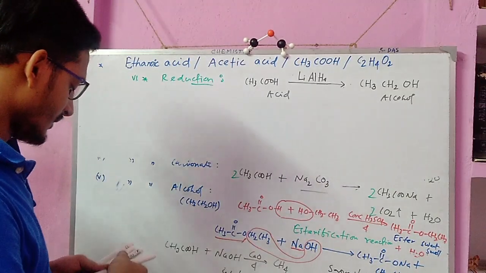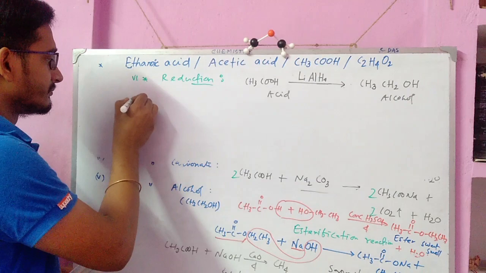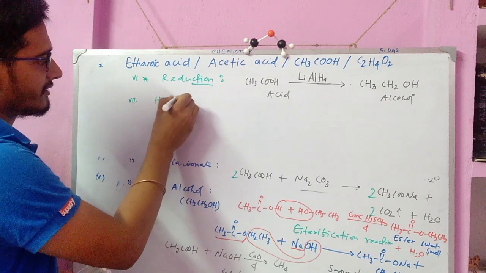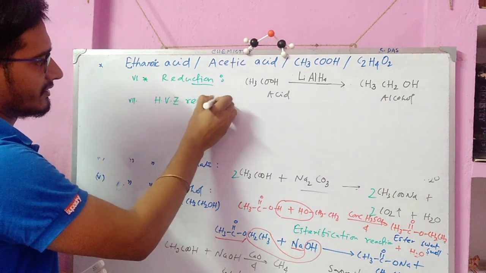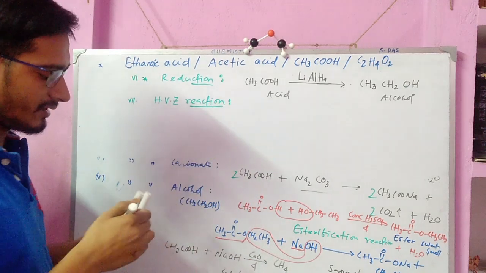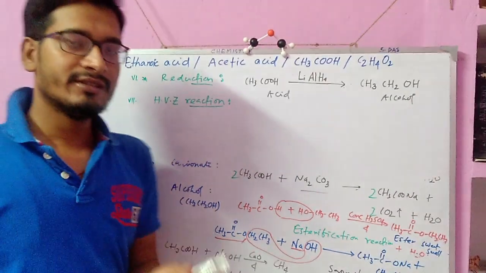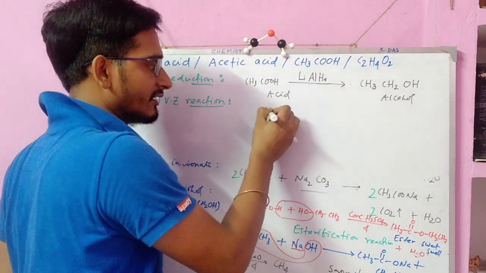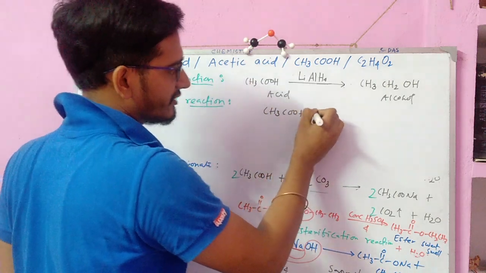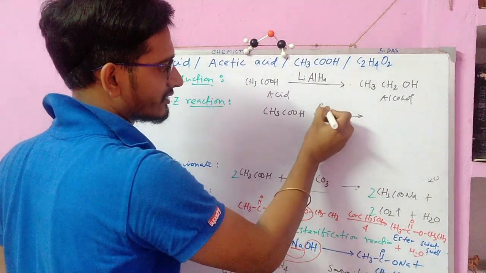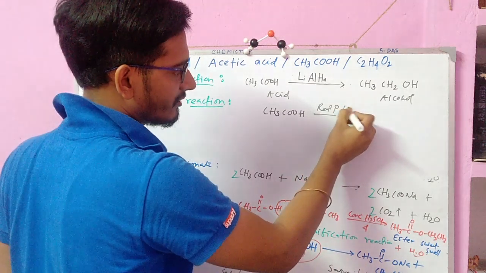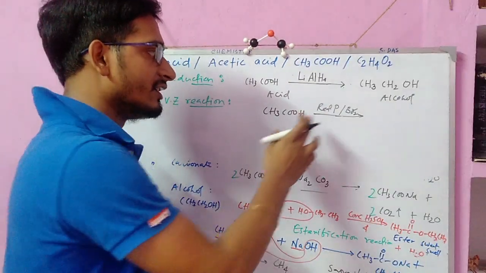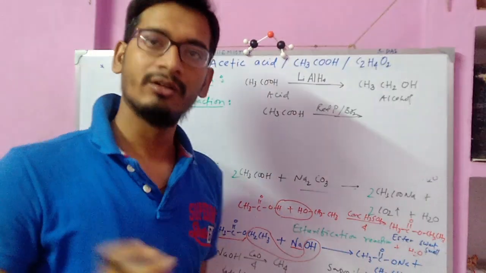Next is HVZ reaction. What is this? HVZ is, according to the scientists Hell-Volhard-Zelinsky, when an acid like CH3COOH is treated with red phosphorus in presence of halogen like Br2, Cl2, etc., it will form alpha halo derivative of the acid.